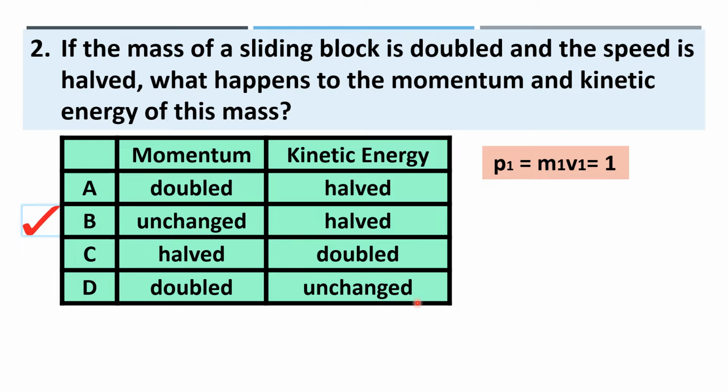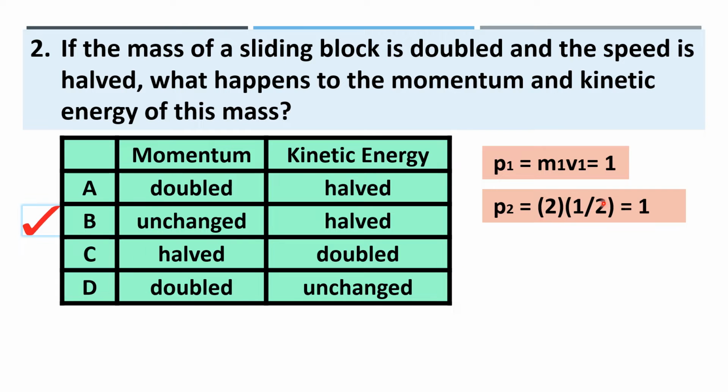So what happens if you double the mass, and the speed is halved? It's like saying that the mass is twice the original. We will let the mass m1 be equal to 1 unit as well. So if you double it, we put here 2. For the speed, originally the speed is, say, 1 unit. So it becomes now 1/2 of the original.